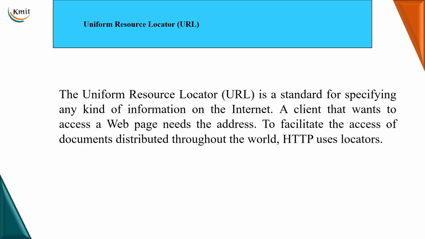And as we all know, if the client is requesting a web page, it has to give the address of that particular web page. And this is facilitated with the use of a uniform resource locator. It is a standard for specifying any kind of information on the internet.